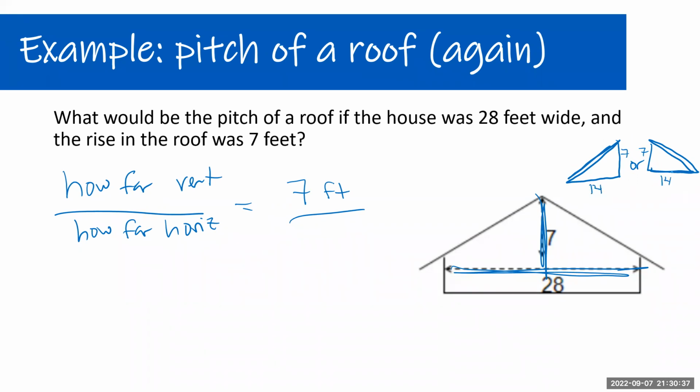Either way, we're going up 7 and going across 14. So the pitch is 7 over 14. Or if you want to write it in common form with the 12s, that would be 6/12, because it's 1/2. You could also say it's 1/2 or 0.5.